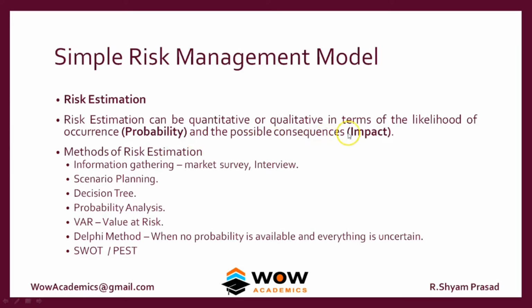If it occurs, what would be its impact on the company in terms of profitability. So how do we know its probability and impact? We can do more information gathering. We can go for market survey, interview. We can go for scenario planning, decision tree. We can use probability. We can use value at risk, Delphi method. We can do a SWOT or a PEST. So with this, we can come up with the probability and impact.